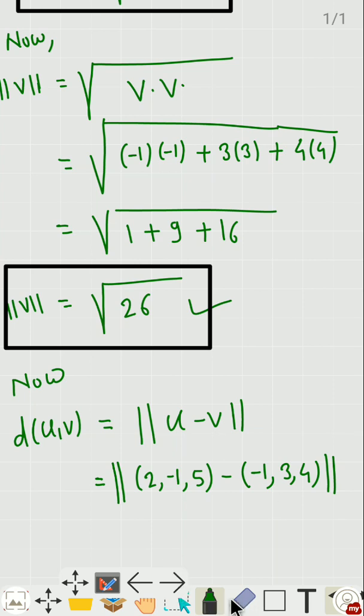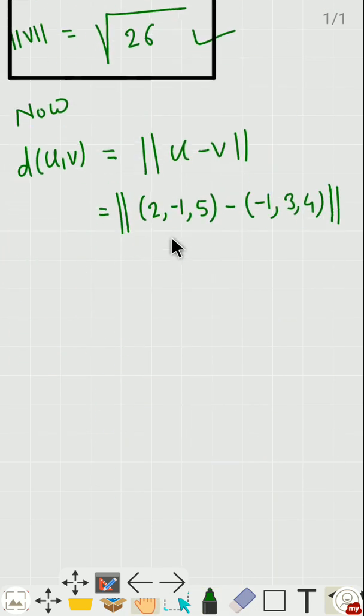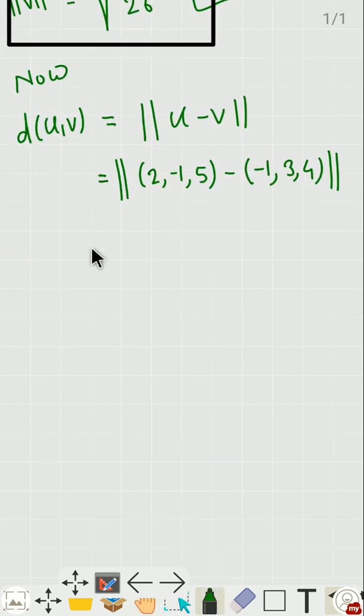It is equal to the norm of the vector (2 - (-1) = 3, -1 - 3 = -4, 5 - 4 = 1). We find the norm of this vector, which is the square root of the dot product with itself: 3 squared plus -4 squared plus 1 squared.